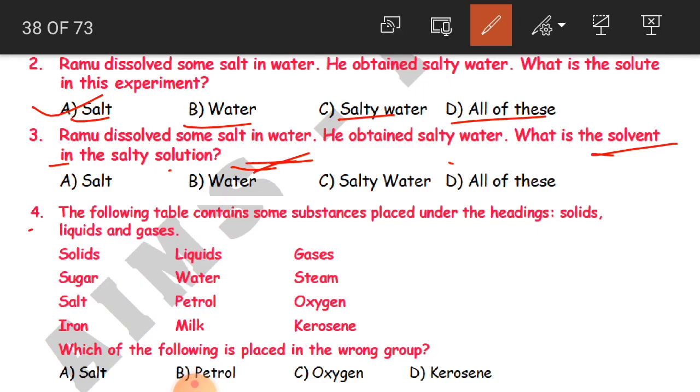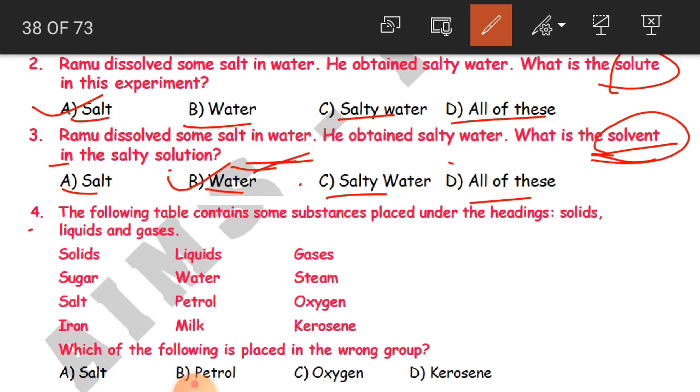The solute is which is dissolving. What is the solvent? The one in which it has dissolved, that we have to find out. So is it salt, water, salty water, or all of these? And the answer is water, because salt has been dissolved in water and water becomes the solvent. So B is the answer.